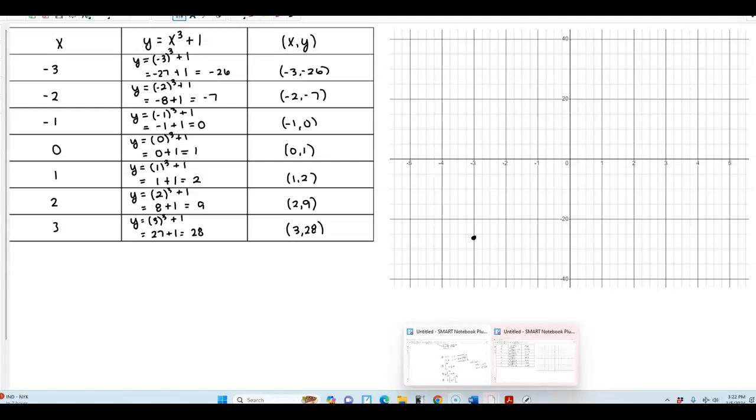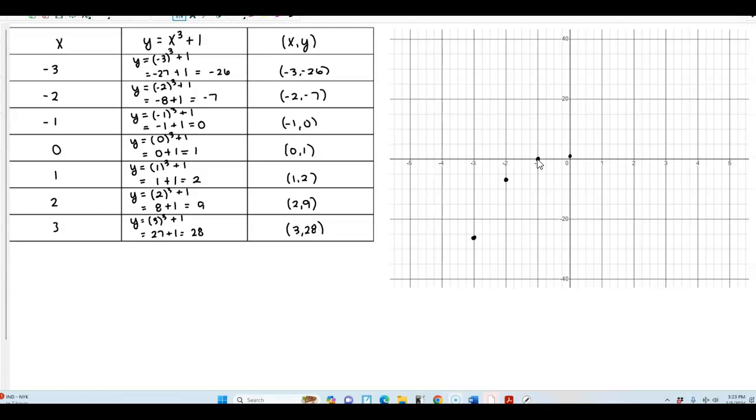Then we have -2, and then -7. So we're going to go over 2, negative to the left, and then down to 7. That's -5, and then a little more, which is -7. The next value is -1 and then 0. Then we have 0 and then 1. We know that 1 is going to be somewhere close to 0 since it's in increments of 5.